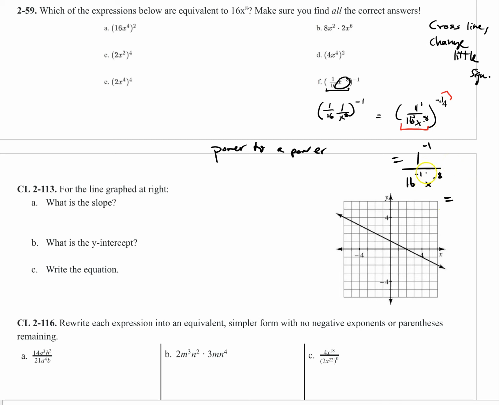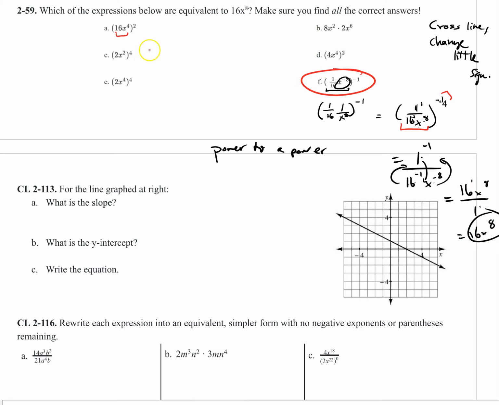And then what that does is when you have a negative exponent, everything just flips. So this flips, that flips, that flips. Everything crosses the line. So the 1 goes down to the bottom, and the 16 and x to the power 8 go to the top. And after you cross the line, you change the little sign back to positive, so it's just 16x to the power 8. So that was the tricky one.